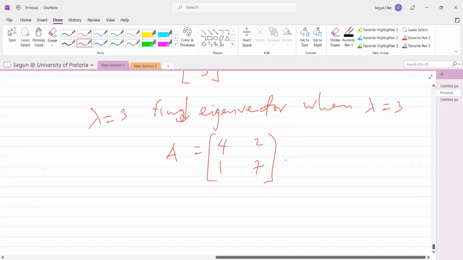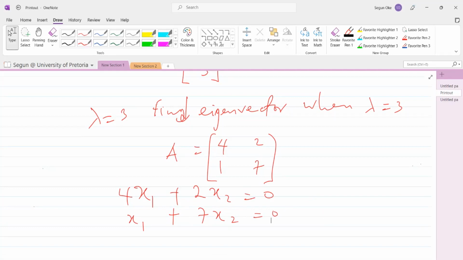No, listen. If you are given this equation, or they just give you 4x1 plus 2x2 equals 0, and x1 plus 7x2 equals 0. They now say find the eigenvector.